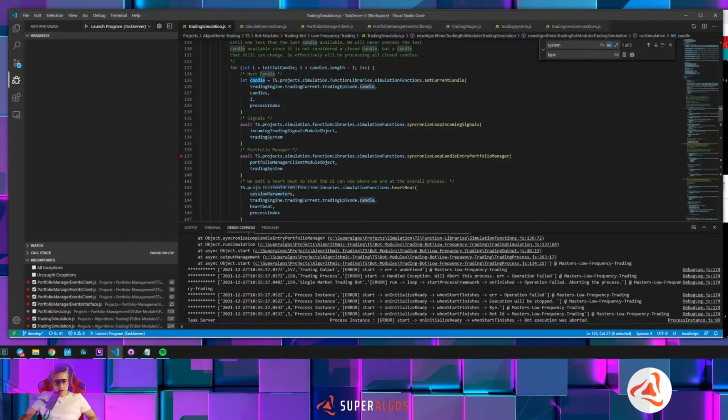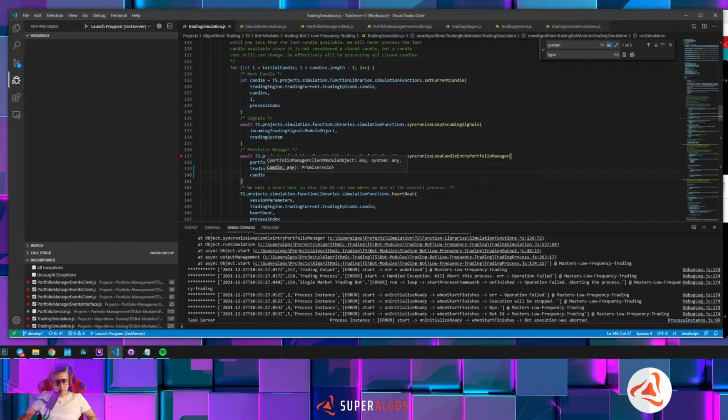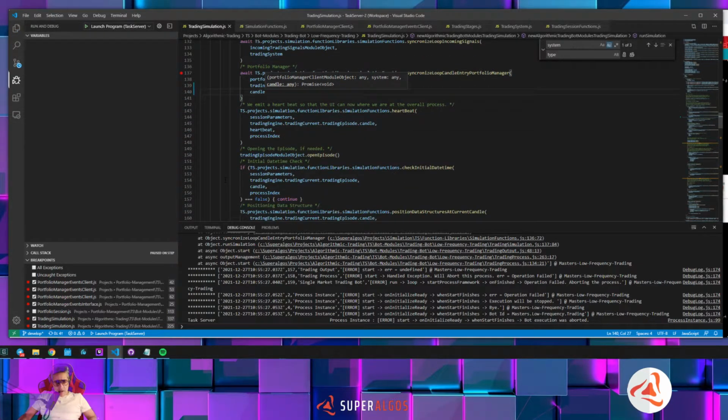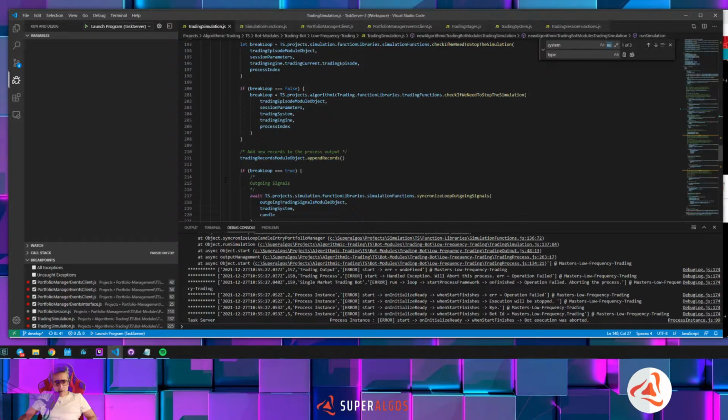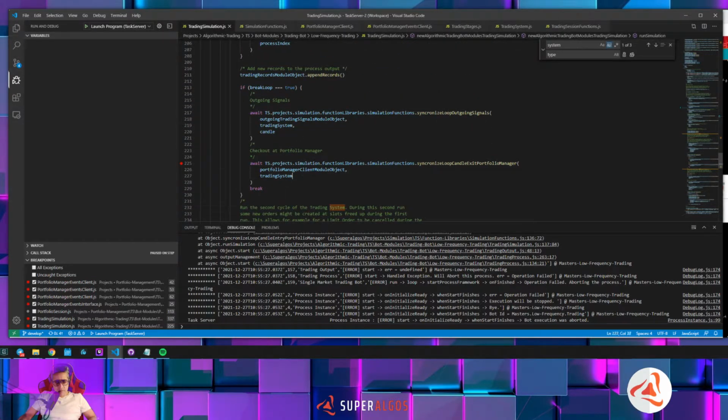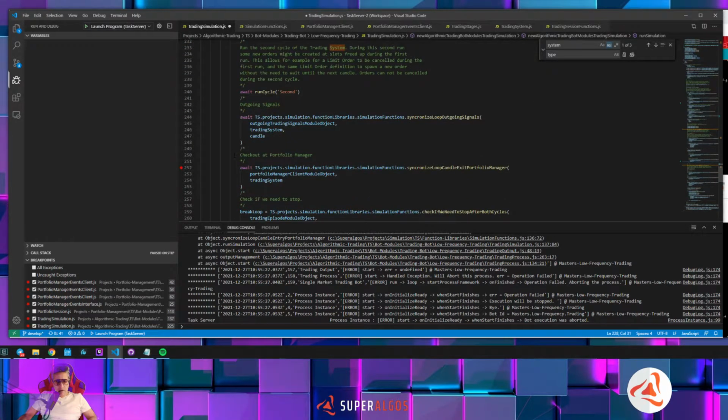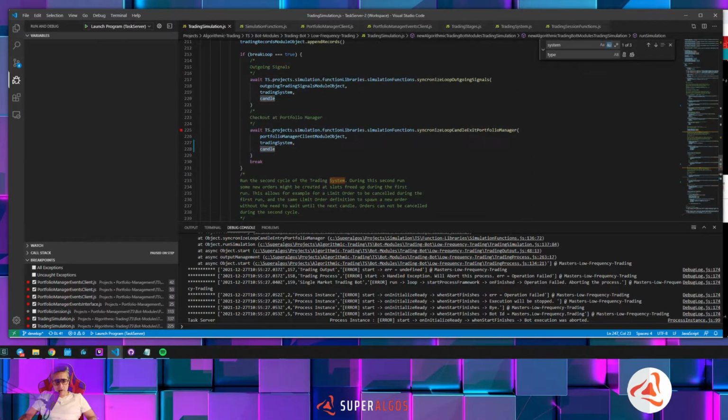Okay, I didn't change anything yet here, but in here I will send this candle. Okay, and more or less the same thing will happen here. I will send the candle, and here I will send the candle, and as you can see, something very similar happens here.